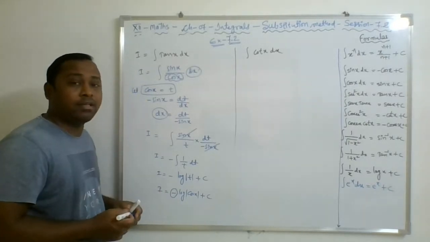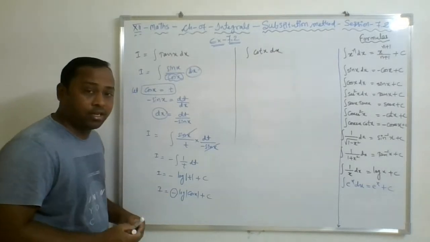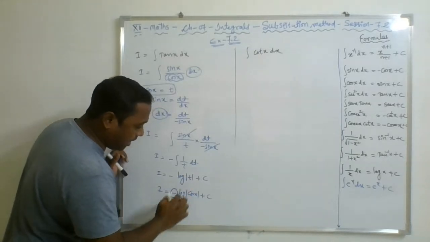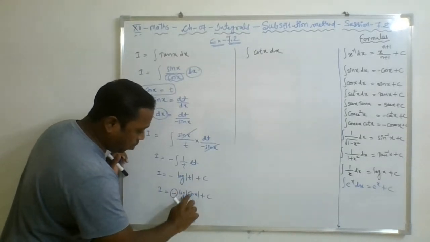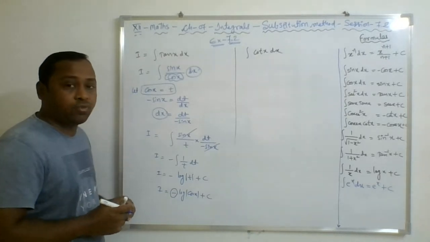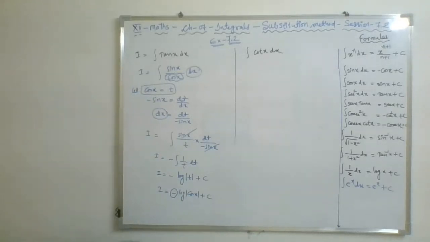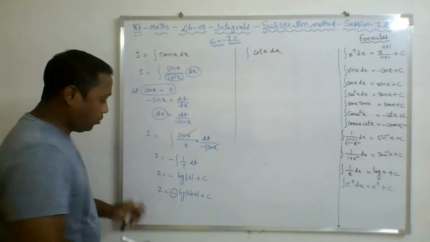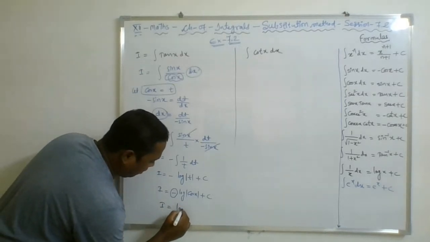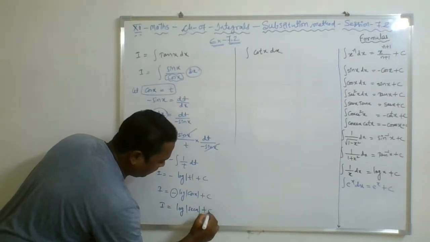Because we sometimes remember the minus sign and sometimes don't. So what is the way to adjust the minus sign? We take this minus 1 into the power, so it becomes cos x whole power minus 1. Cos x whole power minus 1 means 1 by cos x, and 1 by cos x is sec x. So this is also written as log of modulus sec x plus c.